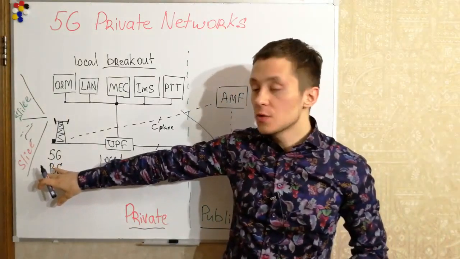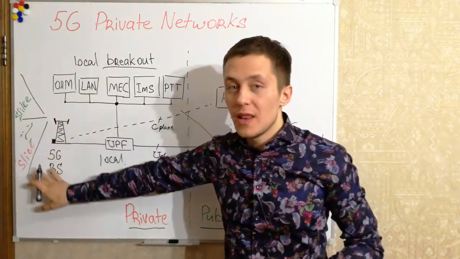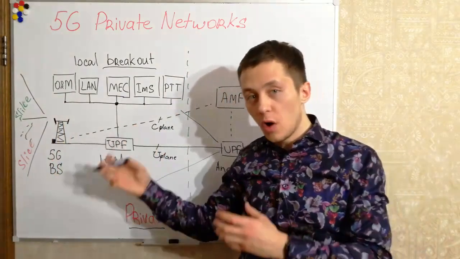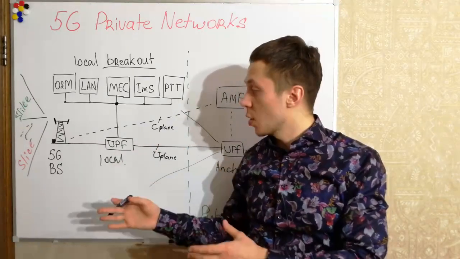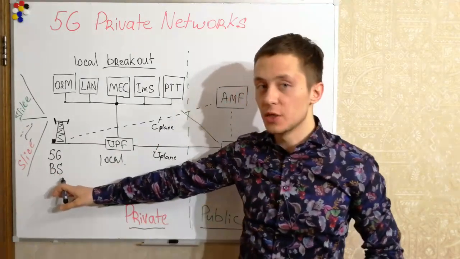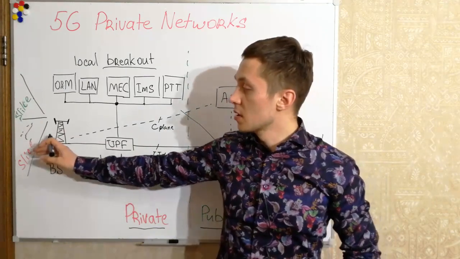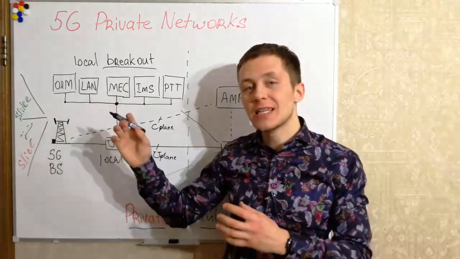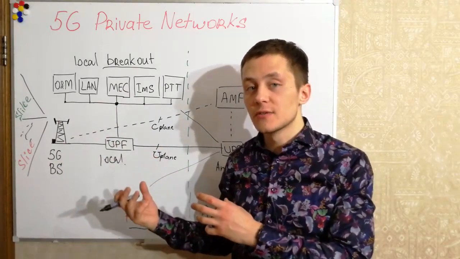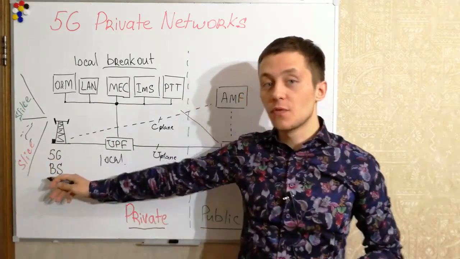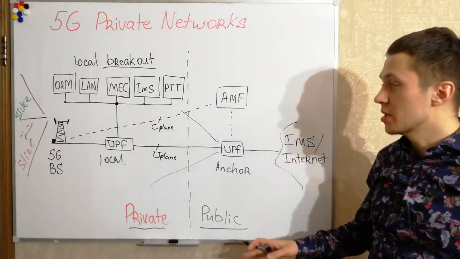When it comes to slicing, we can see that our networks use common dedicated 5G hardware such as the 5G base station, but resources are divided and isolated in a logical way as a slicing solution. Slice for private network and slice for public network.